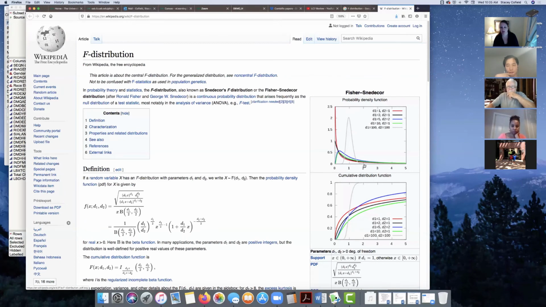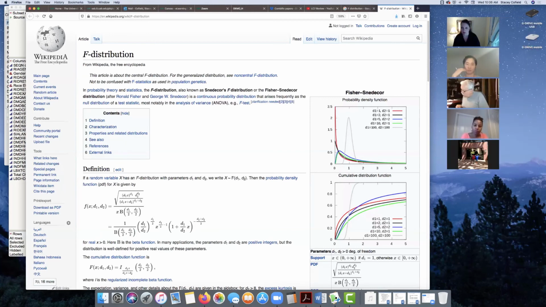The F values that are extreme will change a little bit depending upon the degrees of freedom in your model. It's not something you need to understand, like the math behind the distribution. What you need to know is that larger F values will be associated with smaller P values, because the further out you get, the less probability that you end up out here. And so that's why you get a smaller P value.